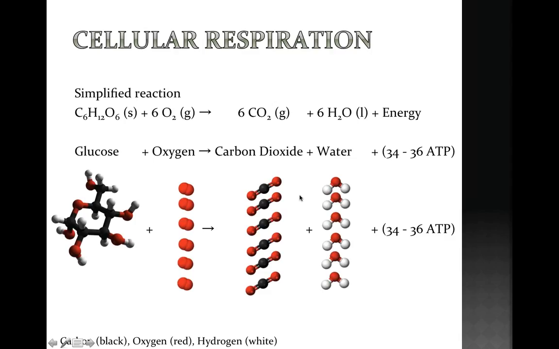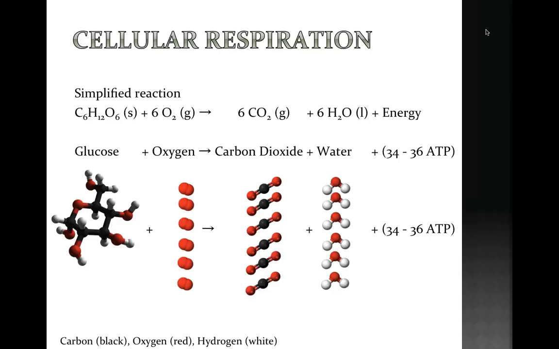The joining of that third phosphate group absorbs the energy that is released when the carbon molecules are broken. So energy is transformed this way to produce about 34 to 36 ATP. Isn't that awesome? That's crazy.